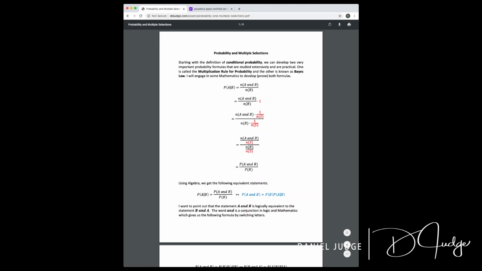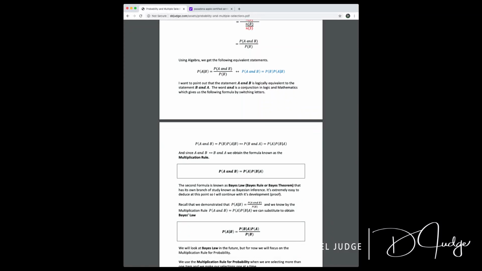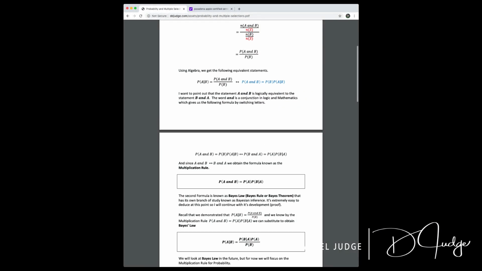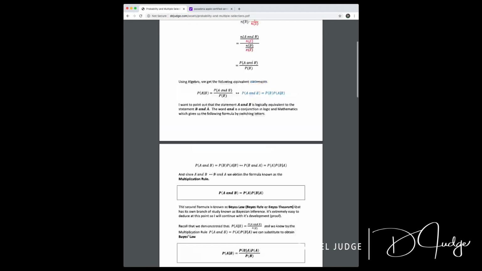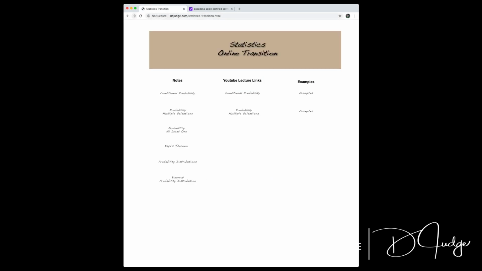We were talking about selecting with replacement and without replacement, and using the multiplication rule. There are the notes as a reminder, and here's a link to the lecture.